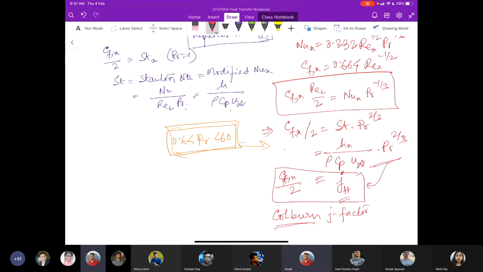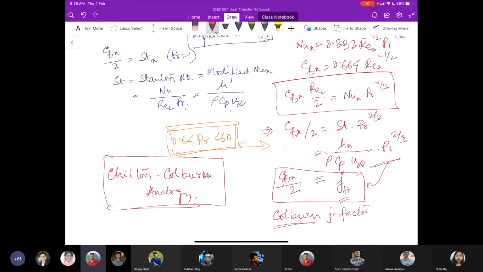In other words, this relation is also known as the modified Reynolds analogy or the Chilton-Colburn analogy. So this relation is called the Chilton-Colburn analogy or modified Reynolds analogy, and this one was the Reynolds analogy.